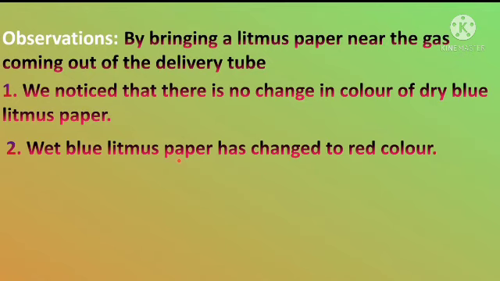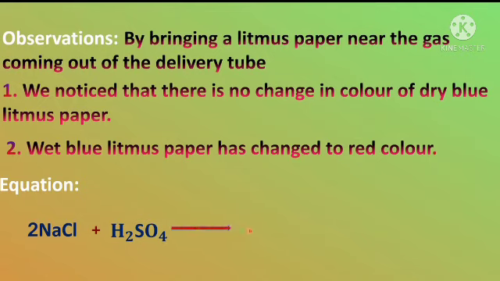Sodium chloride crystals plus sulfuric acid give sodium sulfate plus evolved HCl gas. The equation is 2NaCl, where NaCl is the common salt, plus sulfuric acid, H2SO4, gives sodium sulfate plus 2HCl gas. The upward arrow shows the evolved gas.